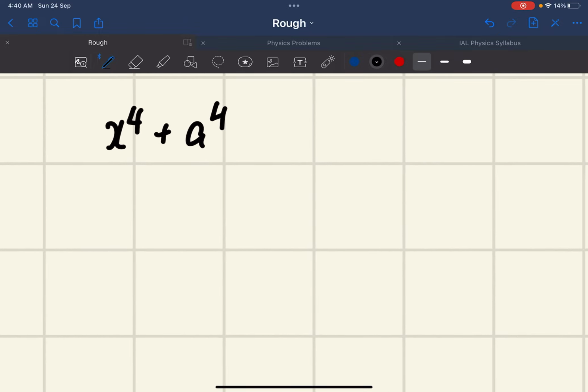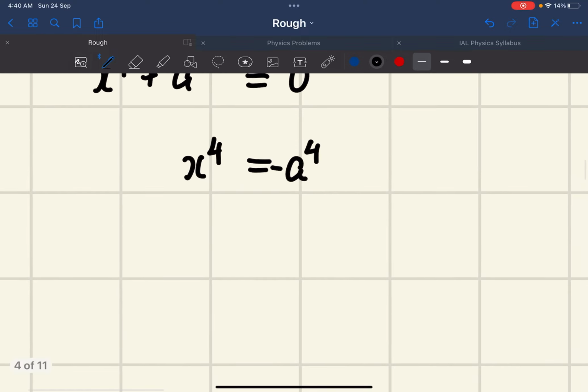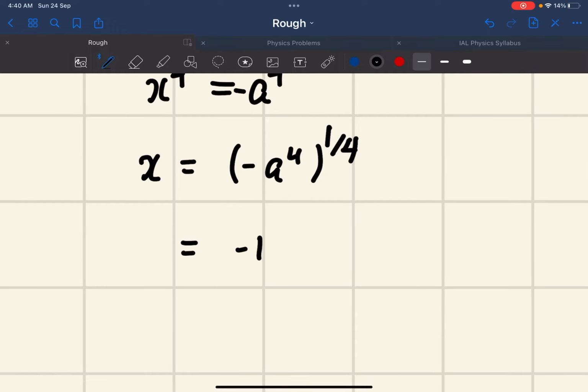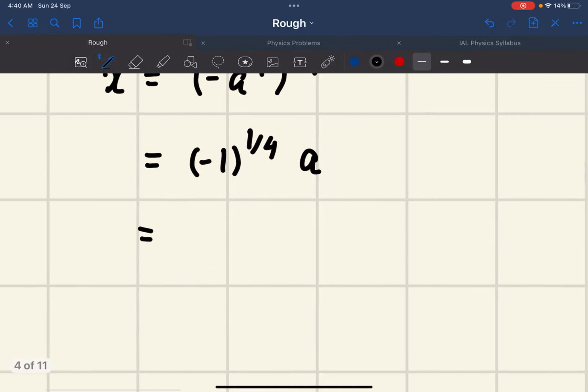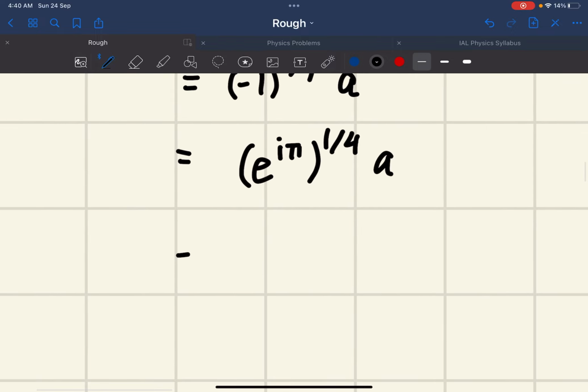then let's try to find roots of this guy. It's minus 1. x equals (minus a to the 4) to the power of 1 over 4. That is one possible root. Minus 1 equals e to the i pi. That is its exponential form.